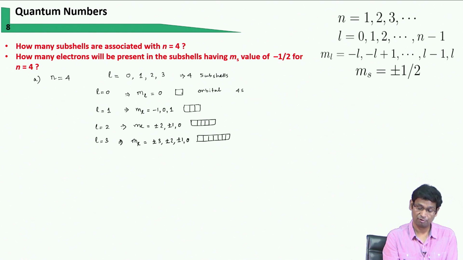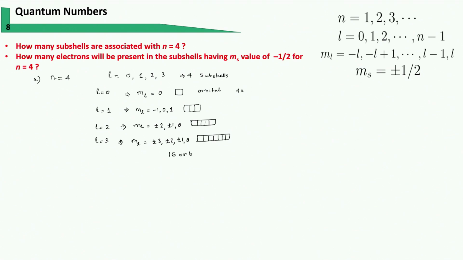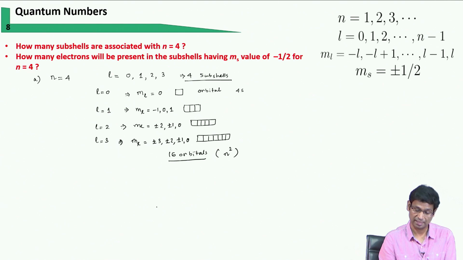So, 1 orbital for L equals 0, 3 orbitals for L equals 1, 5 orbitals for L equals 2, and 7 orbitals for L equals 3. Together we have 1 plus 3 plus 5 plus 7, that is 16 orbitals. So, we have 4 subshells and 16 orbitals. This number of orbitals of course goes as n squared.